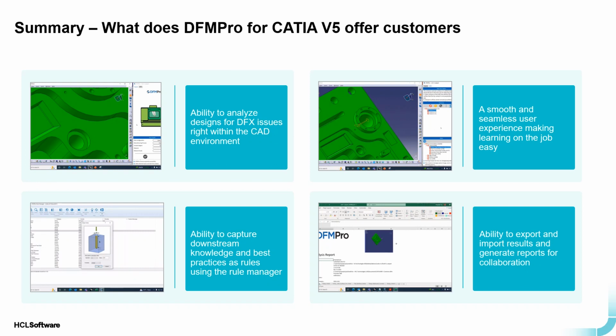Customers can capture guidelines from handbooks and checklists as rules in the Rule Manager and use them to validate designs early in the lifecycle. One can also export and archive the results and generate reports for collaboration with reviewers, manufacturing engineers, quality teams, etc.